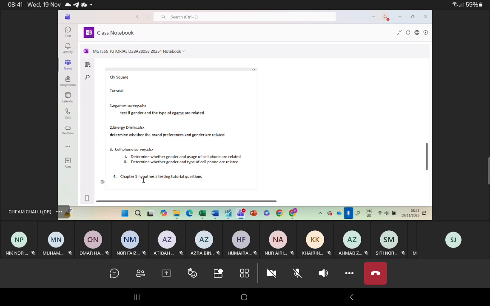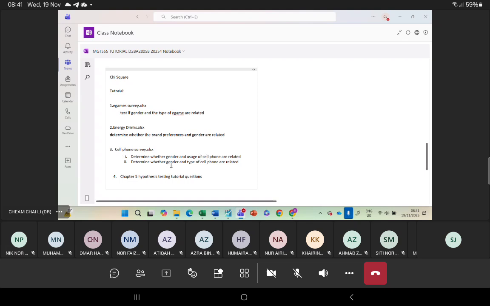And number three, there are two questions here, right? So determine whether gender and usage of cell phones are related. So maksudnya ini kita nak check whether male atau female lebih khusus kepada usage of certain cell phone in the data, right?